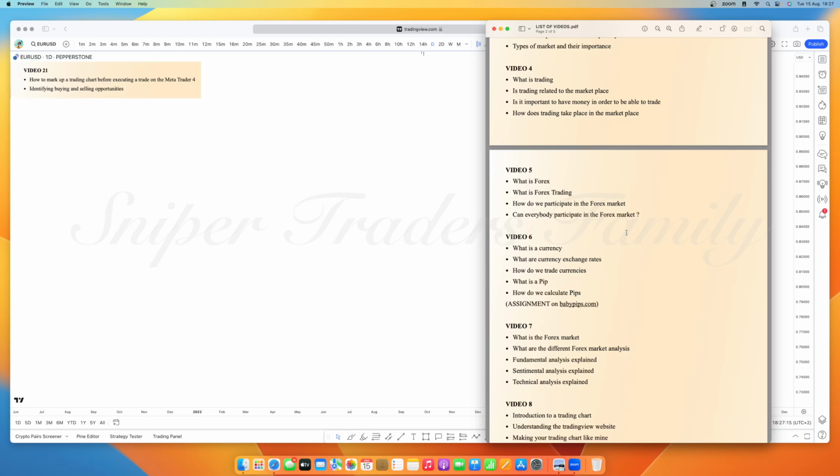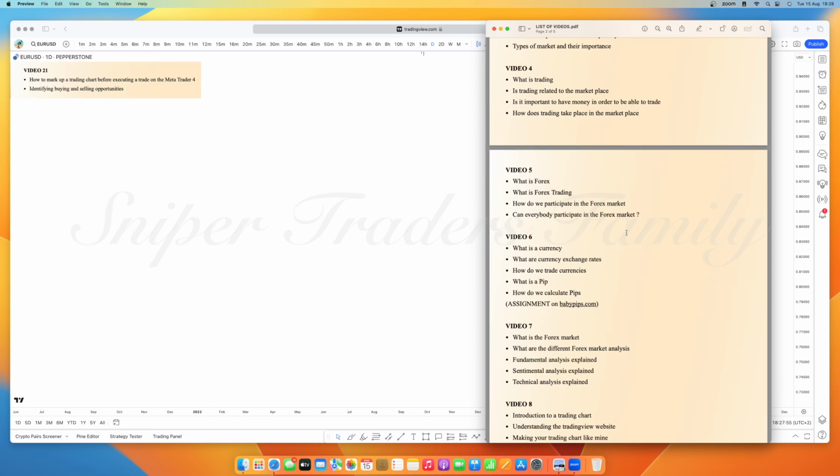Like let's say the United States, for example, the Federal Reserve, that's the bank of the United States, right? So they are in charge of determining monetary policy, inflation rates, all of those things. So how they react, or how the decisions they make tend to affect the markets directly, right? So we look at those things and then we use that to determine what's going to happen to a particular currency. That's fundamental analysis.